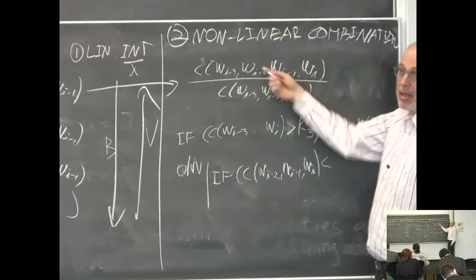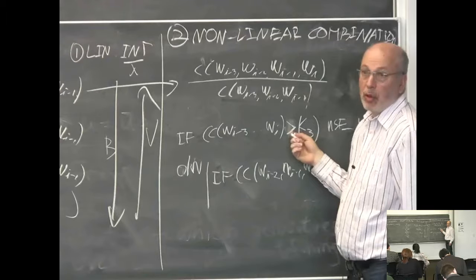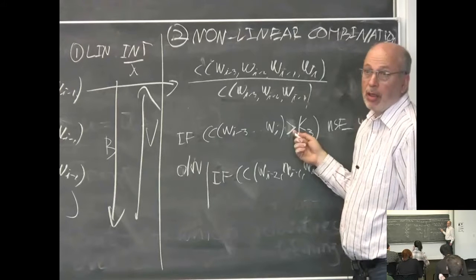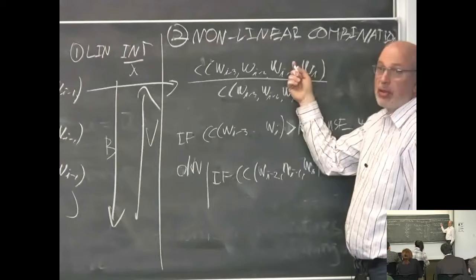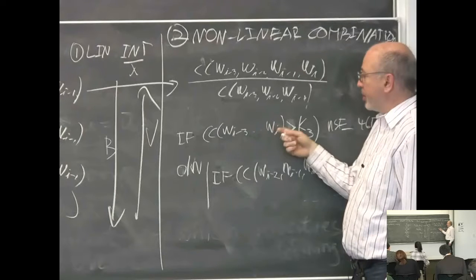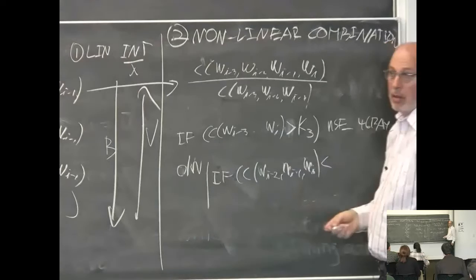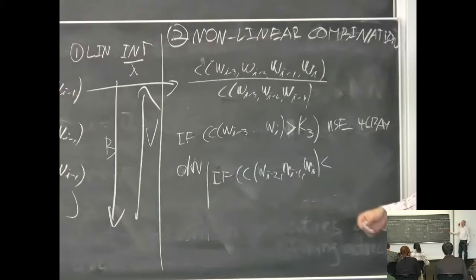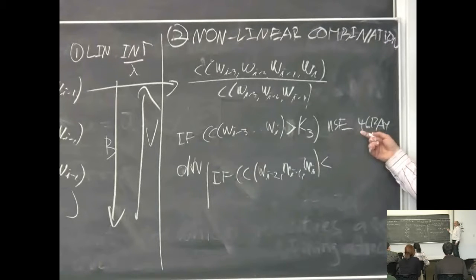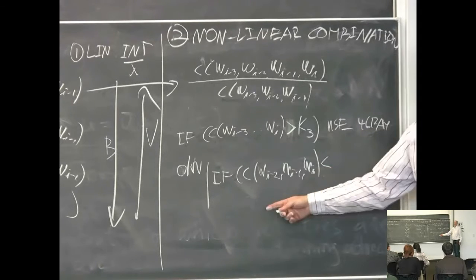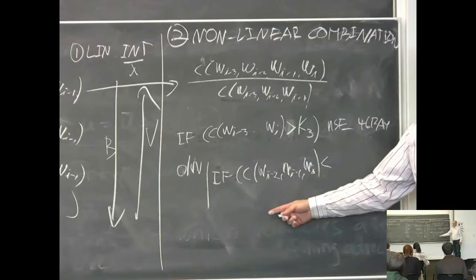If it's less than a constant, the constant could be 1 or 2, or even 0. If it's greater than 0, I'd rather use this. These counts are integers, so if it's greater than 0, it's 1 or 2 or more. But I can decide on some kind of a cutoff. If it's greater than the cutoff, I will use this higher order model. If it's not, I will back off and consider the next lower order model.